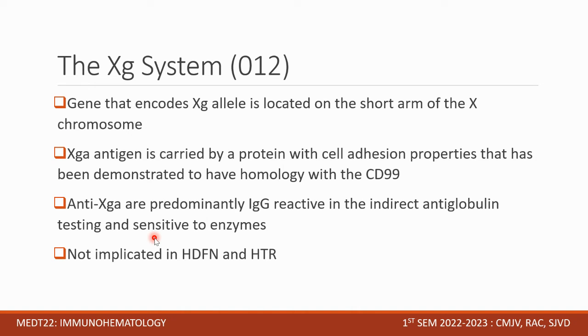So the gene that encodes the Xg allele is located on the short arm of the X chromosome. So Xga antigen is carried by a protein with cell adhesion properties that has been demonstrated to have homology with the CD99. Okay? So anti-Xga are predominantly IgG and reactive in the indirect antiglobulin test and sensitive din siya to enzymes. Okay? It is not implicated, however, in HDFN and HTR.